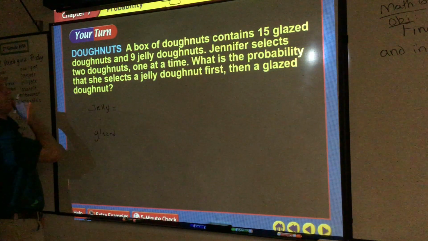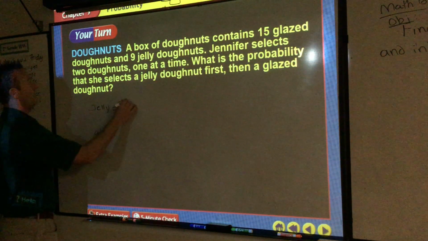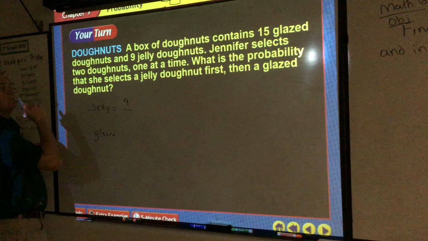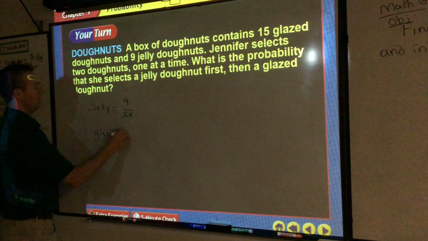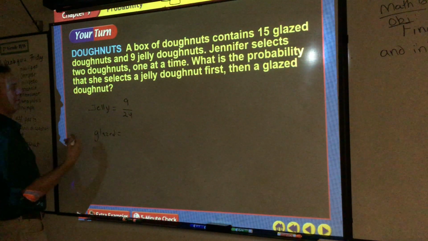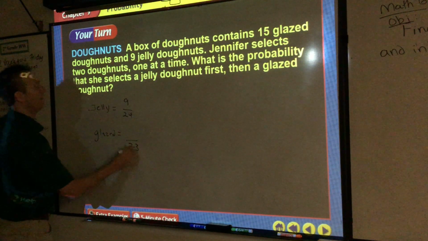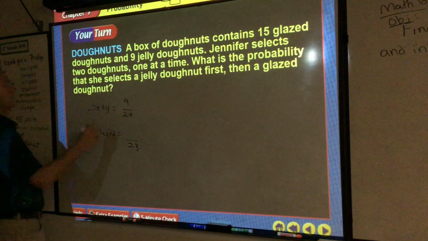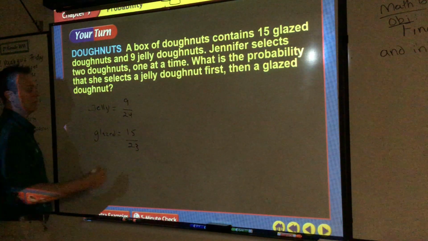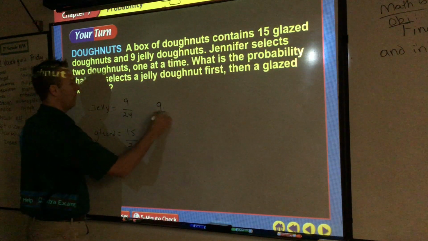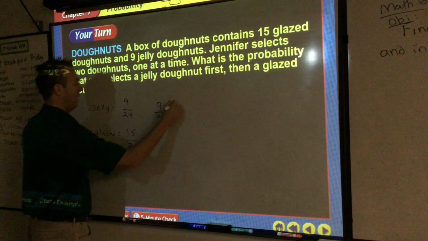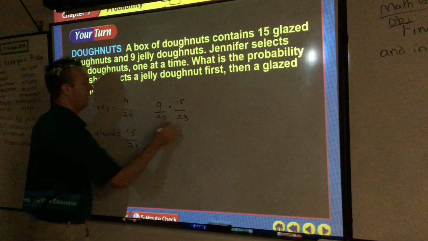So getting the jelly, there are 9 jelly out of a total of 24. And then once one of them is gone, there's only 23 left. And the next one is 15 glazed, okay? So basically we take 9 over 24 and multiply it by 15 over 23.